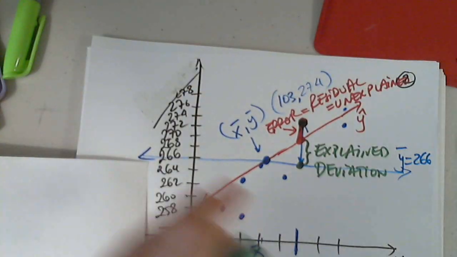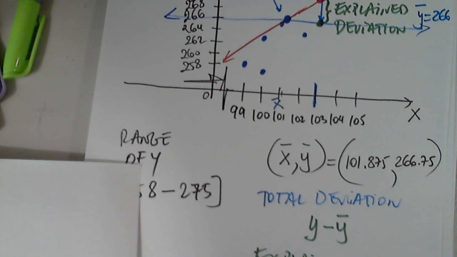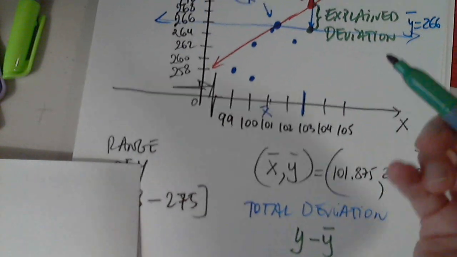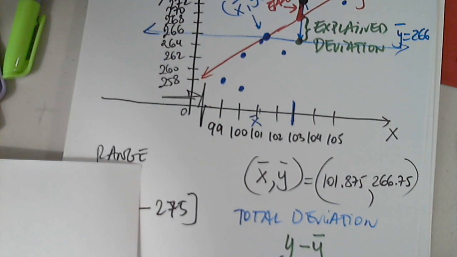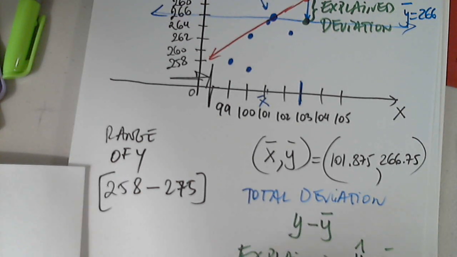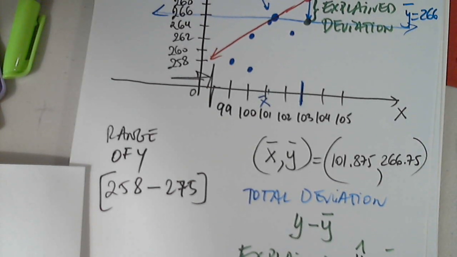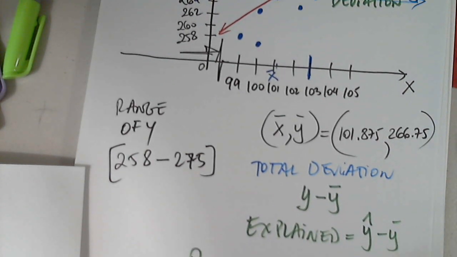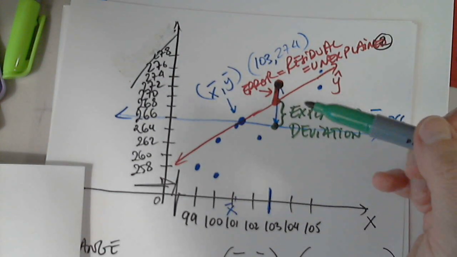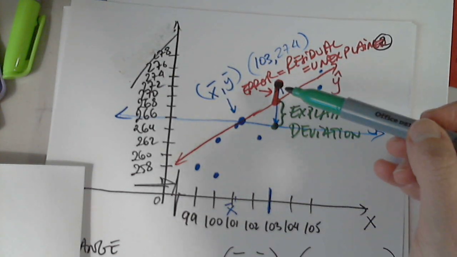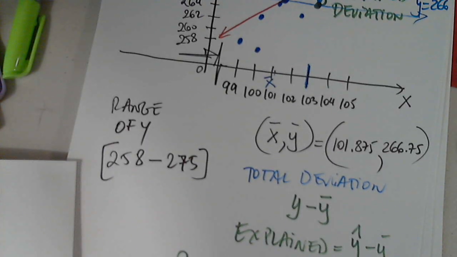The explained is y hat minus y bar. Y hat minus y bar. And what is the residual, or the error, or the unexplained? It is this distance, the unexplained between y and y hat. This piece. Y minus y hat.